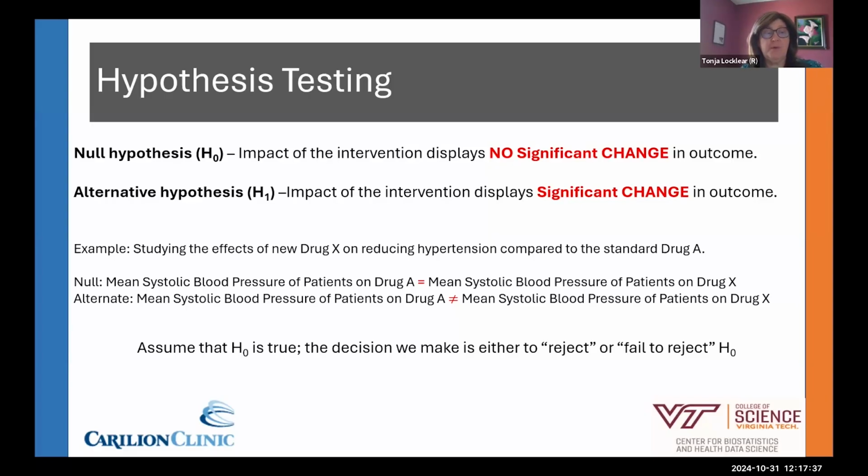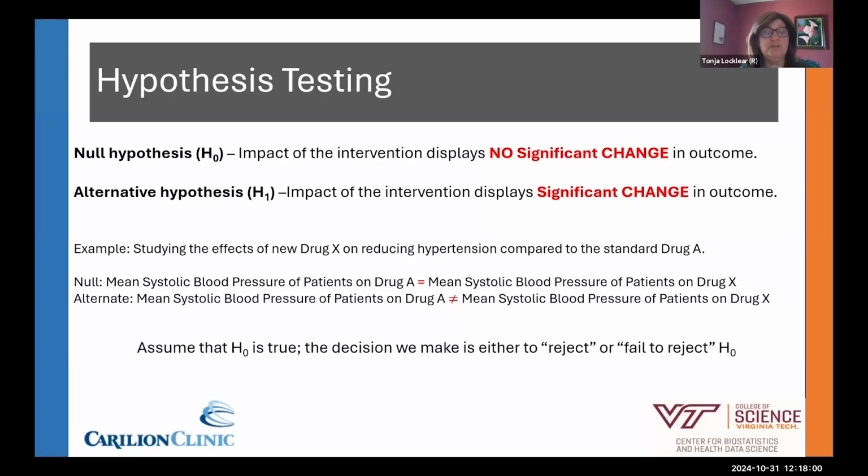But with an alternate hypothesis, you have some reason to believe that there is going to be a difference in the impact this new drug has on hypertension. So your alternate hypothesis is that this intervention is going to make a significant change in the outcome, a significant change in the systolic blood pressure of a patient.